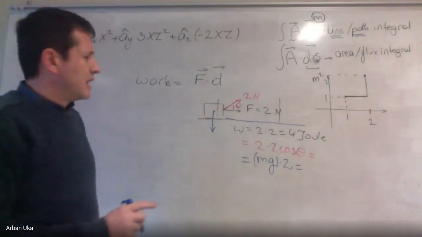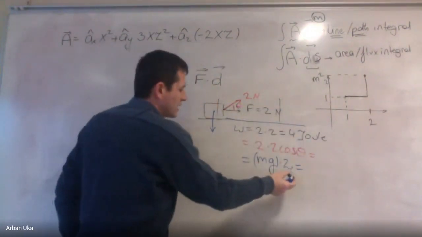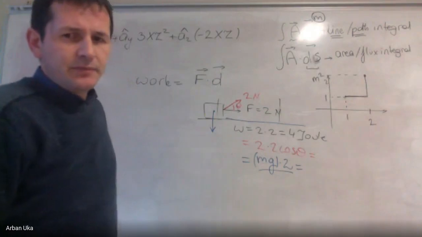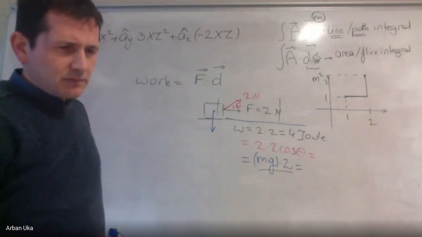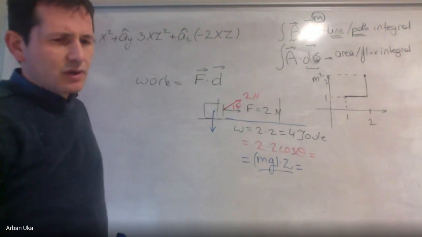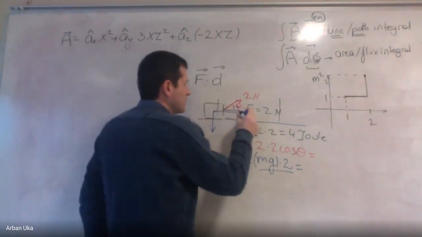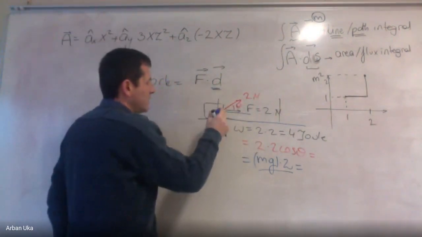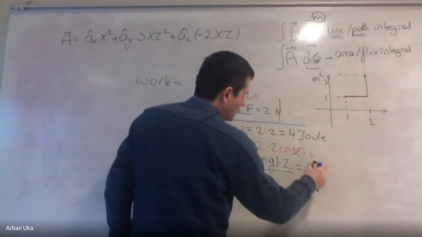If this object is being pulled this way, what is the work done by the gravitational force? Can I have an answer from you? It's going to be 0, okay? Because the angle between the displacement, so this d is the displacement, and the force is 90 degrees, and the cosine of 90 is 0.